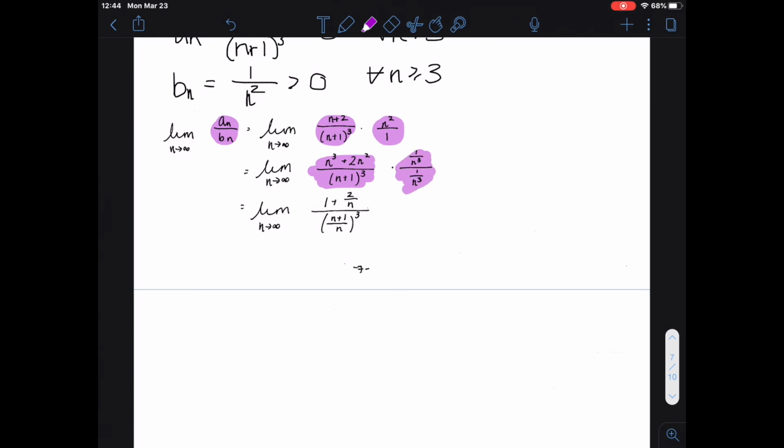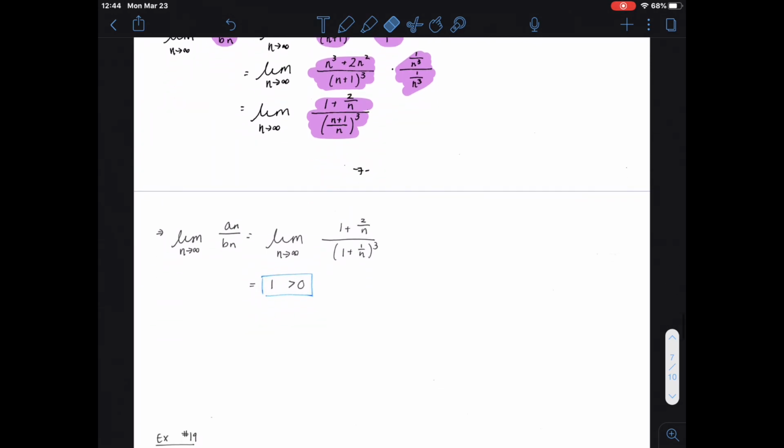So you multiply top and bottom by 1 over n cubed. Simplifies very nicely. And then from that, you still get the same limit. So this thing goes to 1, which is positive. So you have to state this because it's part of the hypotheses. If you don't, you're not satisfying all that criteria.